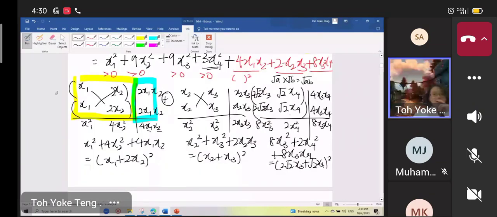For me, normally I just proceed, but I think it's better that I show you. So from here, x1 squared plus, the summation is this one, plus 5x2 squared plus x3 squared, 1 plus 8, so plus 9x.